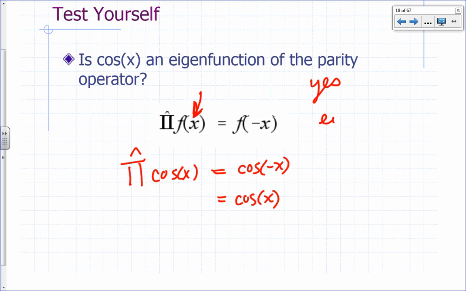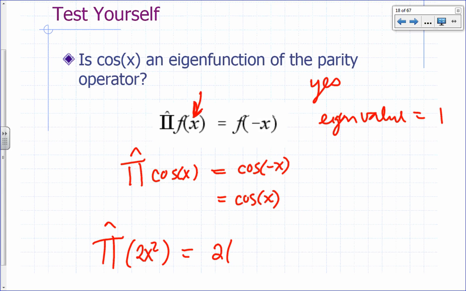The eigenvalue is plus 1. So any even function is going to be an eigenfunction of the parity operator. If I do the parity operator on 2x squared, that gives me 2 times negative x squared, which is 2x squared. So the eigenvalue is 1. Okay?